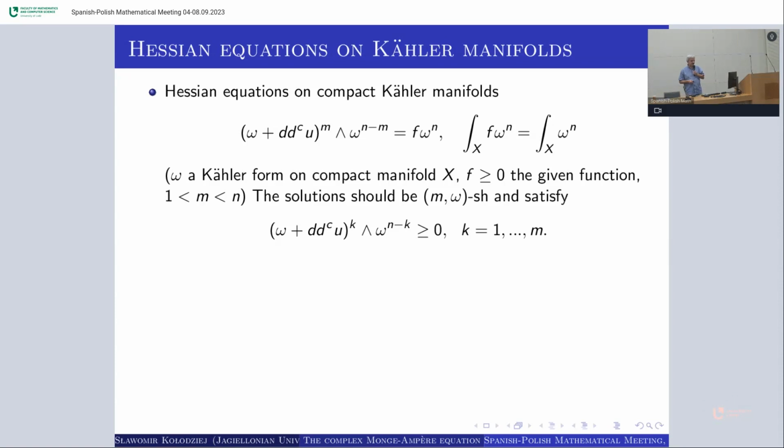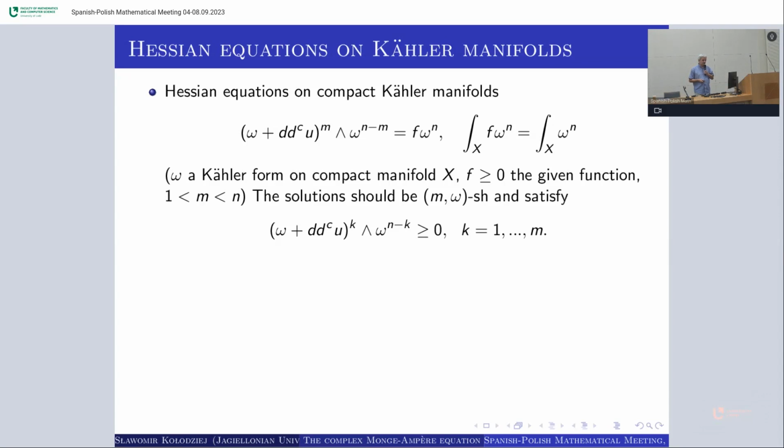So in the equation now we have this omega plus ddcu instead of ddcu to some power. Here omega is a Kähler form on this compact manifold X. F is again the given function. It has to be normalized by this condition on the right-hand side because of the Stokes theorem. So this is a necessary condition to have a solution.